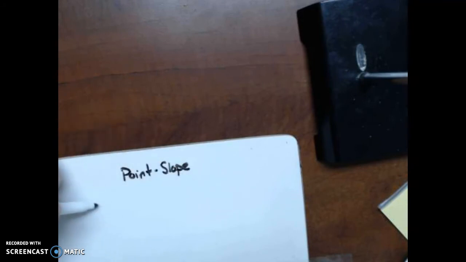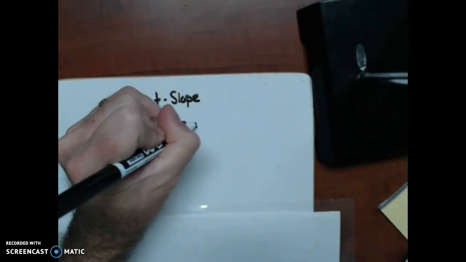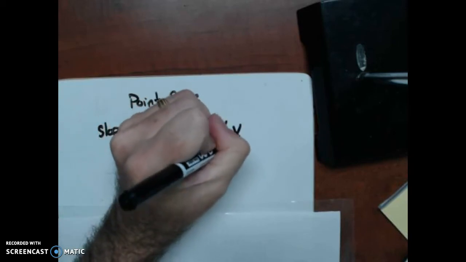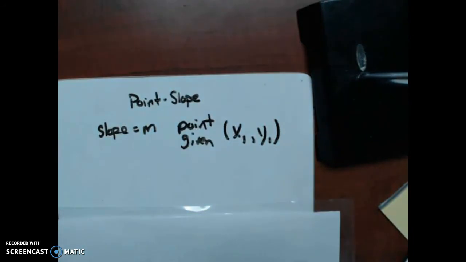Now the next thing is this new form, called point-slope. Remember the slope in the standard equation is given the symbol m, and then we're given a point, which will be termed (x1, y1).